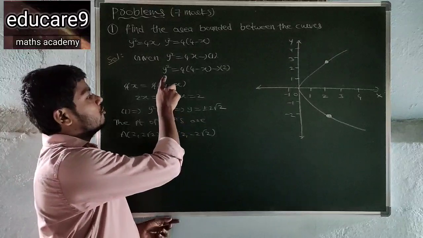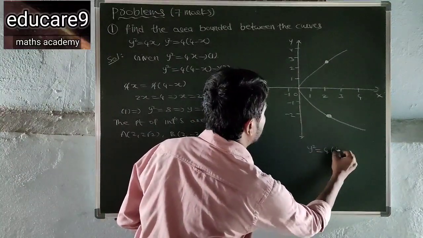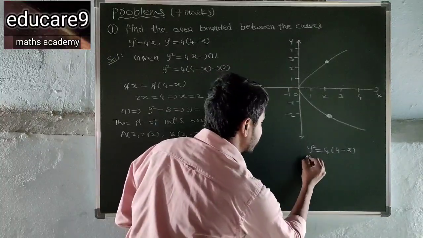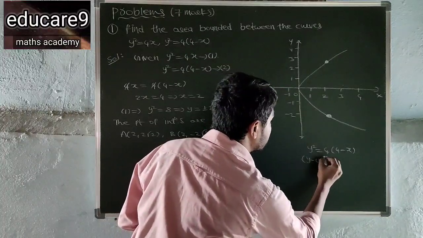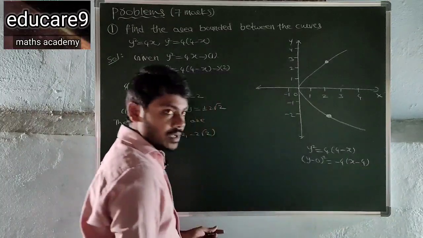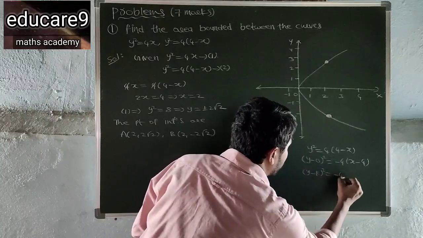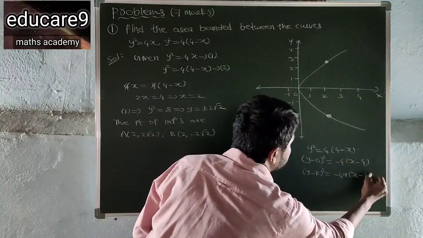Next one is y square equal to 4 of 4 minus x. This can be written as y minus 0 whole square is equal to minus 4 into x minus 4. Clearly it is in the form of y minus k whole square is equal to minus 4a into x minus h.